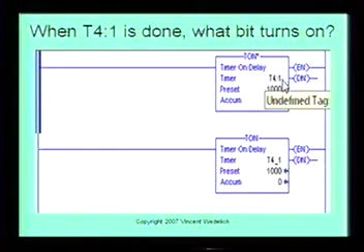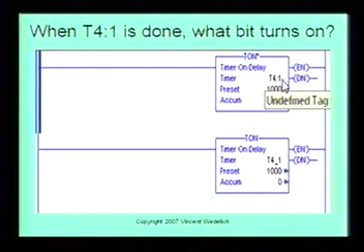The next one was somewhat of a trick question. If you haven't figured it out, I just used the homework from RSLogix 500, which was a good thing because it brings out some differences between the two. When T4:1 is done, what bit turns on? Well, obviously T4:1 is an address scheme used in RSLogix 500.